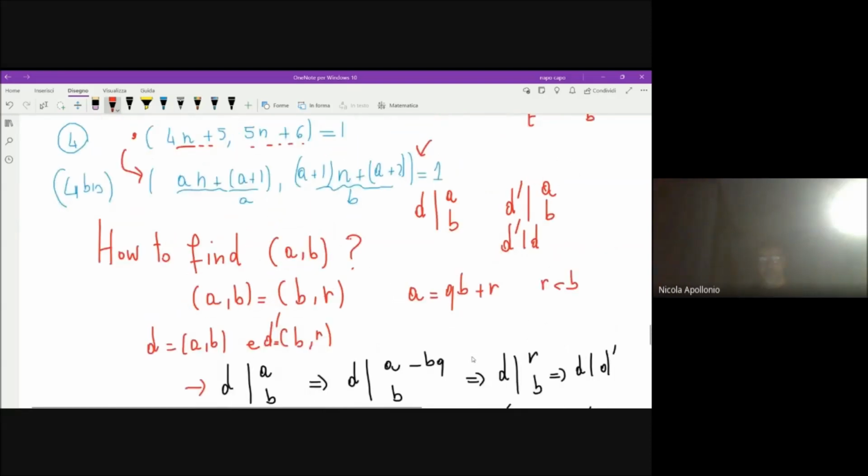So, how to find the greatest common divisor of A and B? The key observation is the following claim, and it is really powerful.